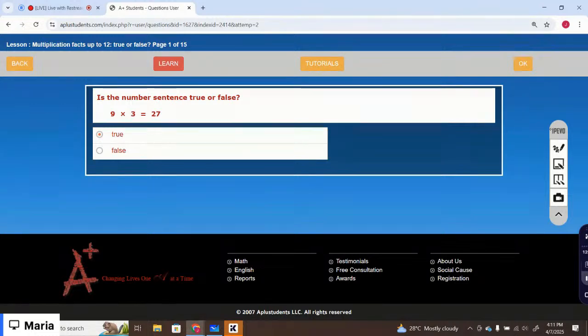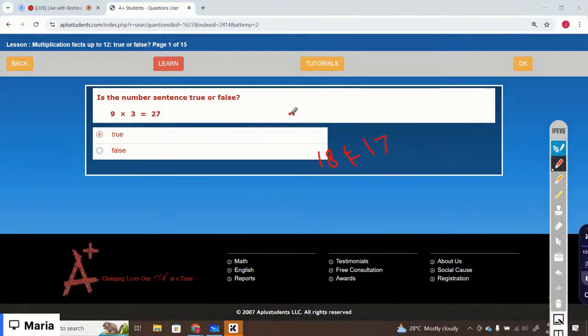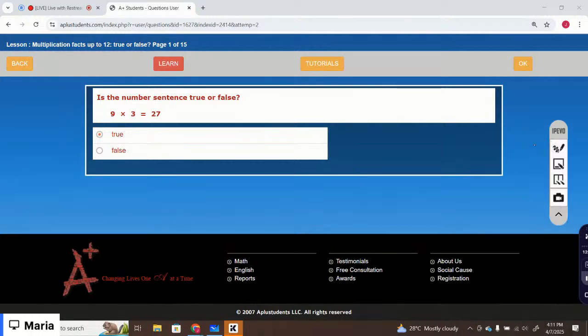True it is, because 9 times 3 is 27 and 27 is equal to 27. When you calculate 9 times 3, that is 27. And both sides are exactly equal, so true it is.